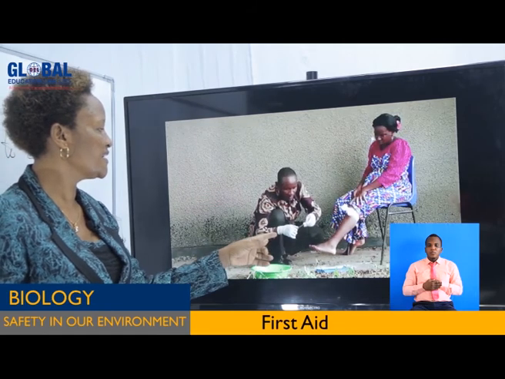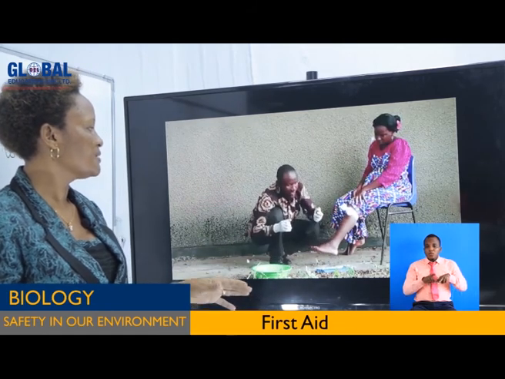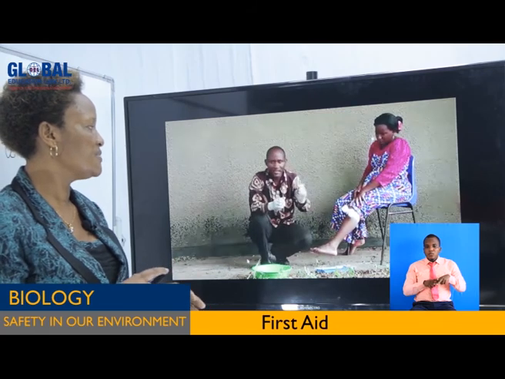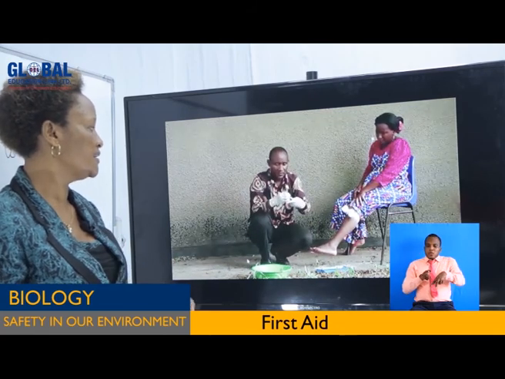You can see the leg is put below the heart so that it will restrict blood going into the heart quickly.